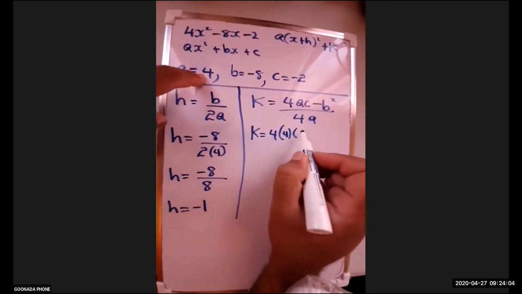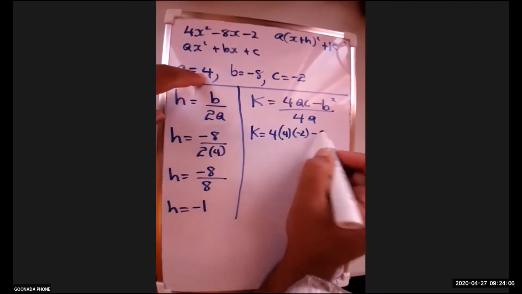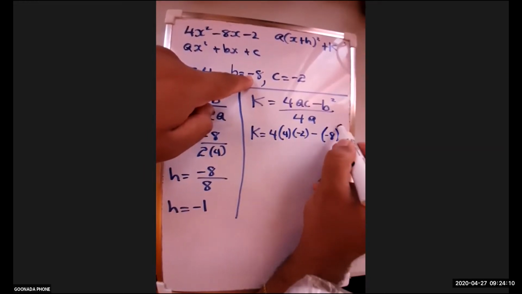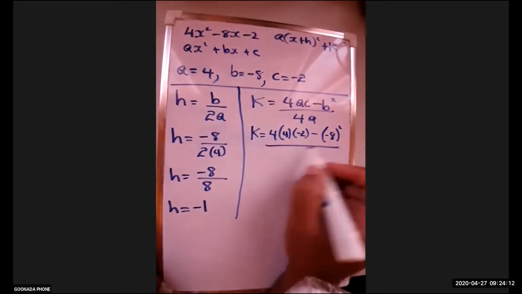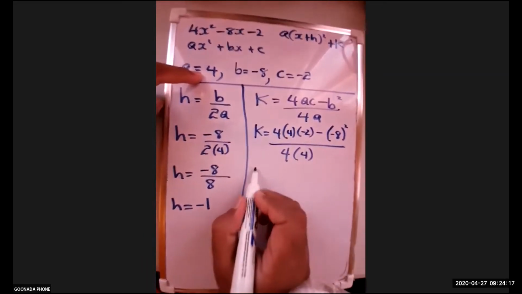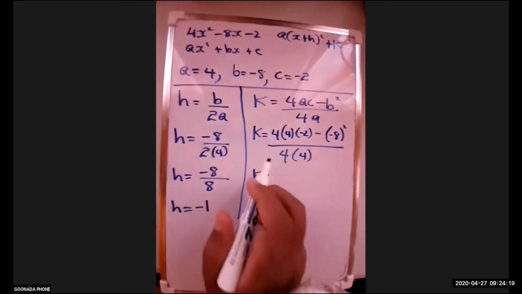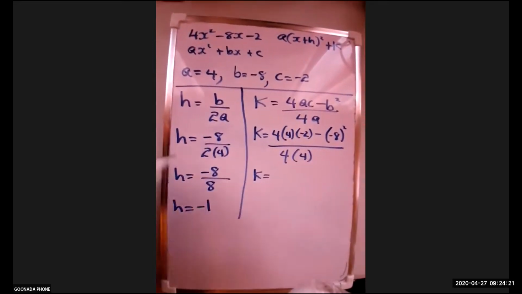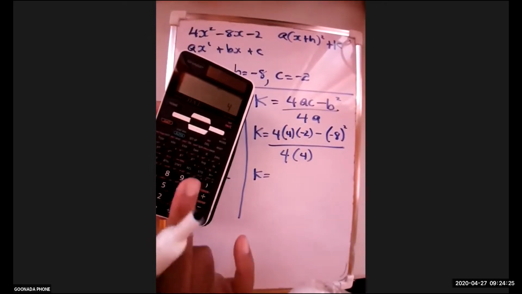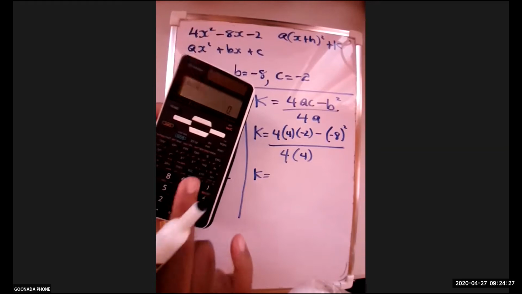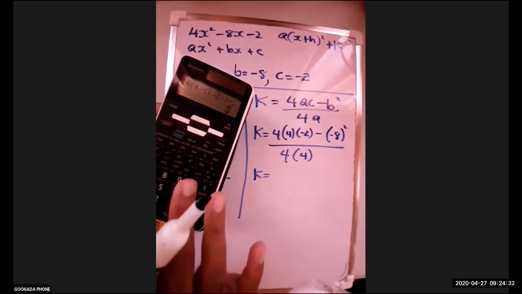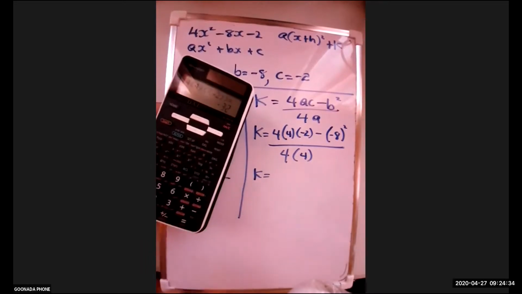The value of c is -2, minus b, which is -8 squared, all over 4, and the value of a is 4. So if you don't know how to do this, you can use a calculator. I'm showing you how to use a calculator, right? 4 into 4, open brackets, -2, close brackets, sorry, don't put a minus here. So we get -32, right?